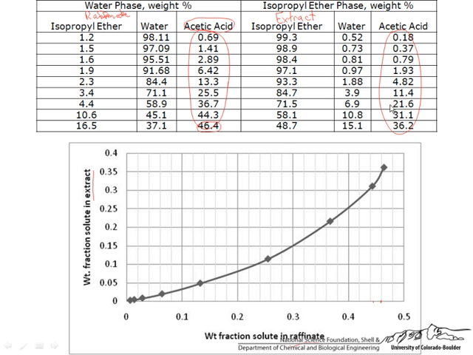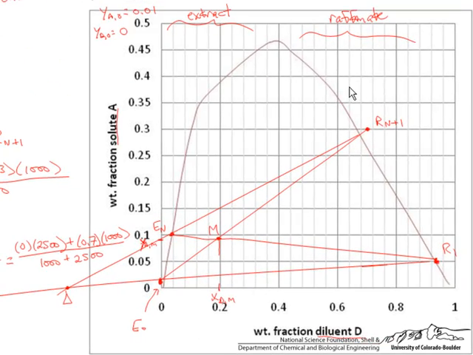And the acetic acid in the extract is going to be 0.36, which will be this point right here. And this is what I'm going to be using to determine the amount of solute in the extract if I know the amount in the raffinate. Let's go back here. I know what the raffinate is coming out of stage 1. So I want to find out what the extract is coming out of stage 1. So let's see, the raffinate in the solute is 0.05.